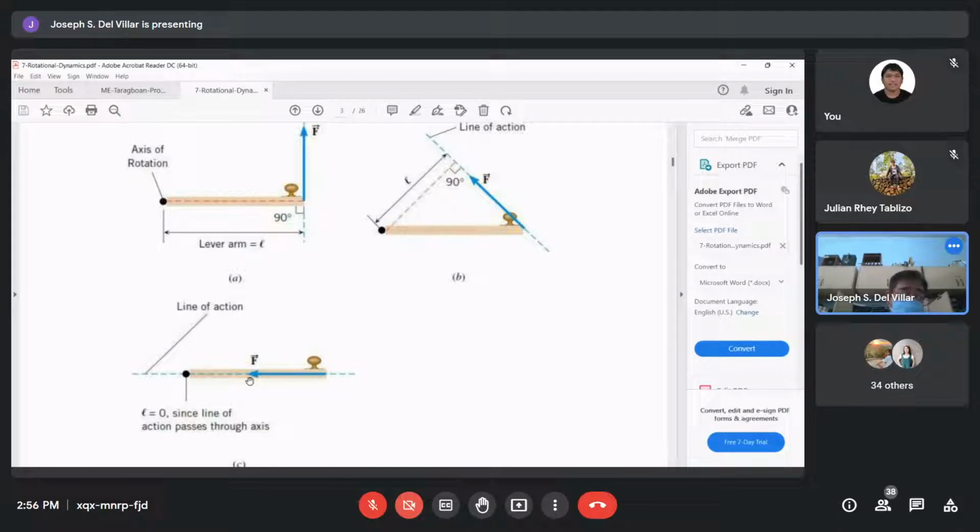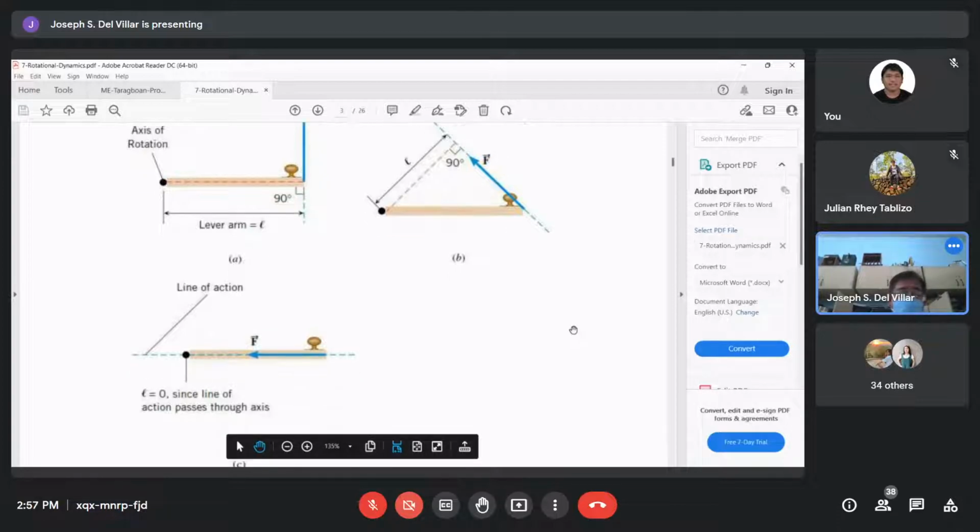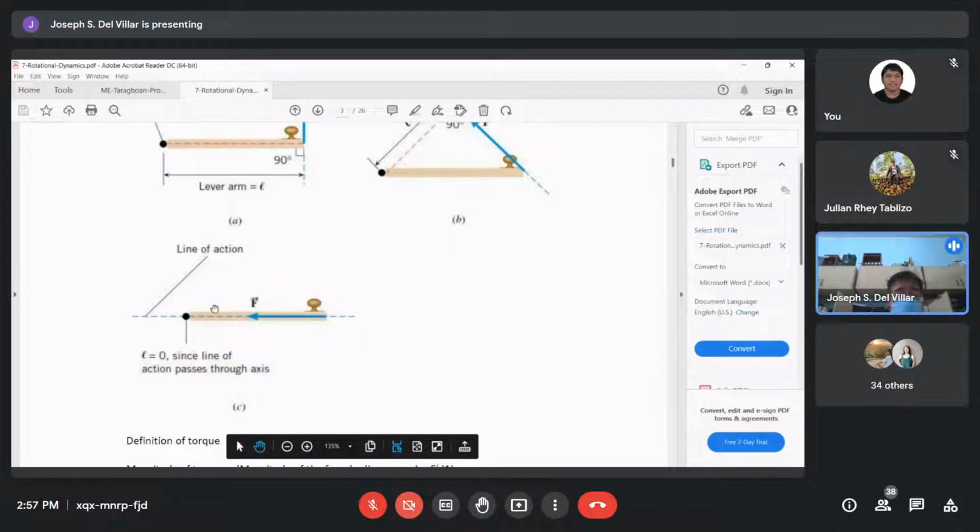Zero yung torque. Okay? So tandaan nyo, whenever the force passes through the axis of rotation or passes through the pivot point, the torque is zero. Okay? Kasi wala naman siyang lever arm. Now, if we go back, basta dumaan yung force sa axis of rotation, zero torque yan. Wala siyang lever arm.